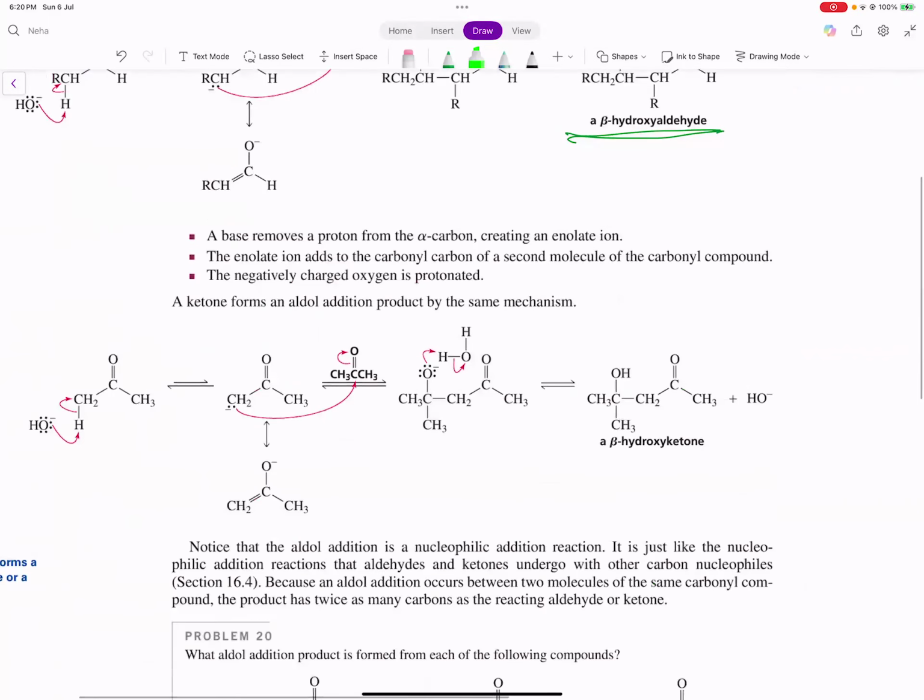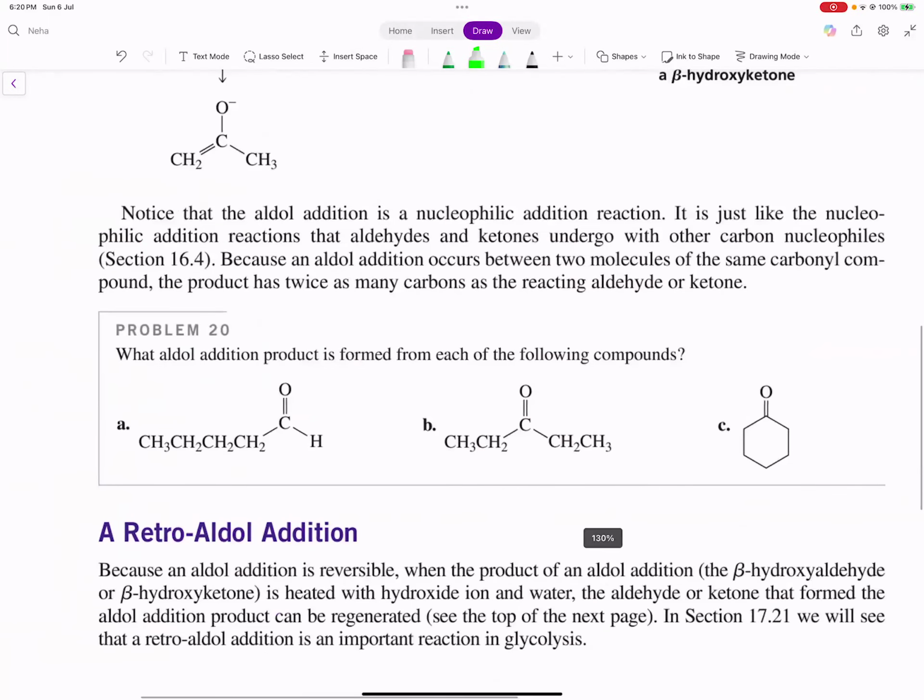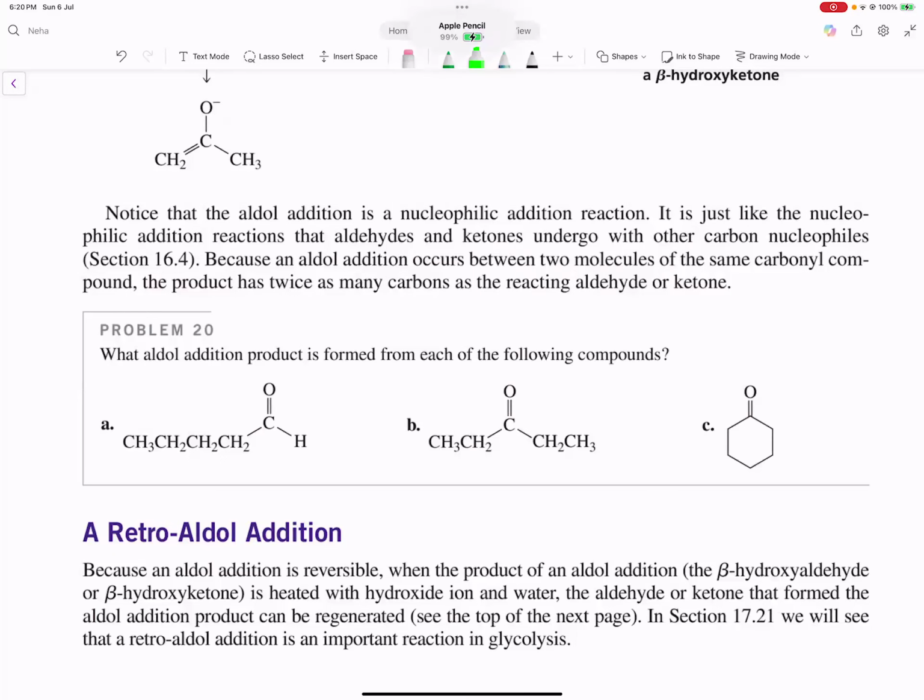Okay, so you have to do the 20th. So for aldol addition, if they just say aldol addition, then I'll just take the alpha hydrogen, make it a nucleophile, add to the second molecule, nucleophilic addition.